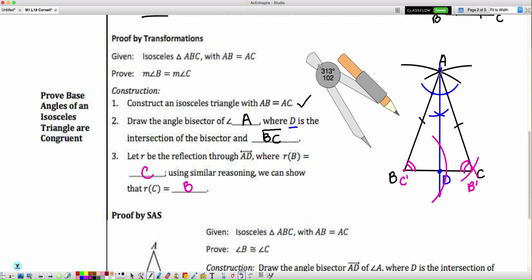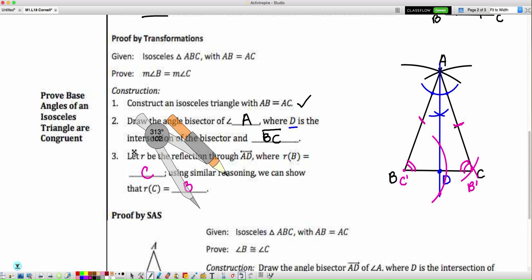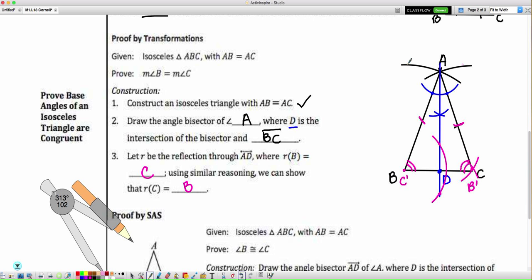And that justifies that this triangle had two equal sides and it had two equal base angles. So my construction justified that for me. So that would be a proof by construction, which we typically don't do, but I figured it was worth remembering all of those different things. We did a bisector, we did a reflection, we did all kinds of stuff here.